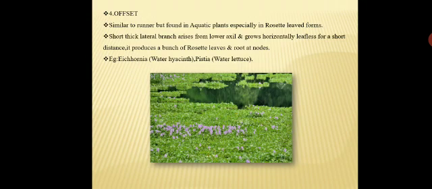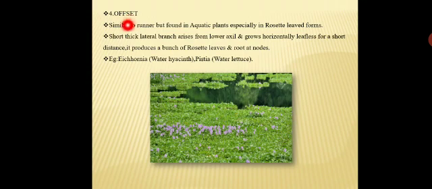Then the last one is called offset. Offset is mainly present in some aquatic plants. It is similar to a runner, but the offset is produced in aquatic plants because aquatic plants have the capacity to float on the water.